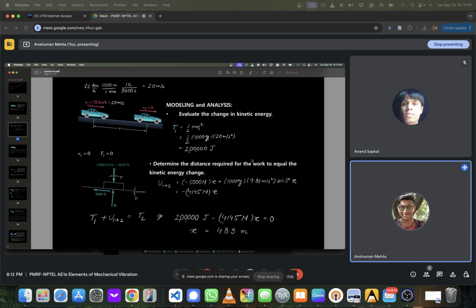So force comes out to be minus 5000 Newton into x plus 1000 kg into small g into sine 5 degrees into x.